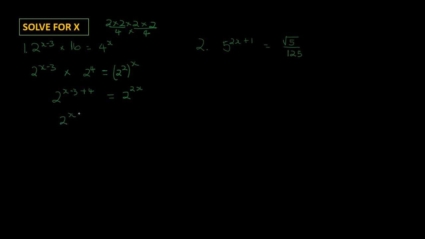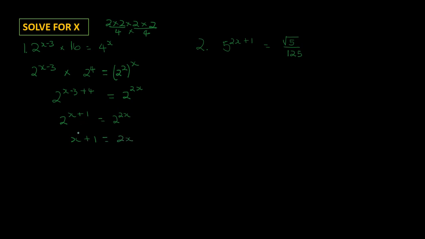So we have x plus 1 is equal to 2 to the exponent of 2x. But in order for this entire expression to be equal to that, since they are exponents of 2, then the exponents must themselves be equal. So we have that x plus 1 is equal to 2x.